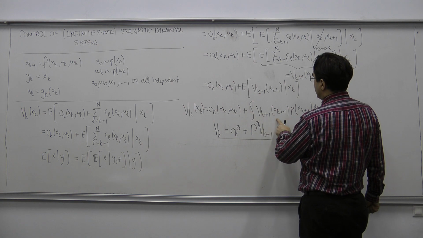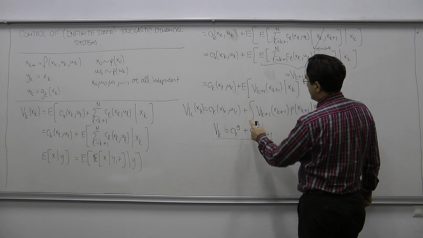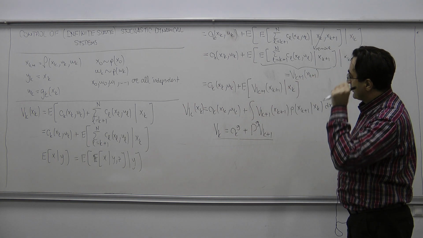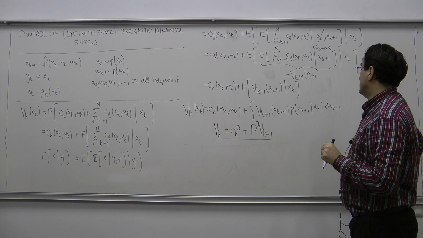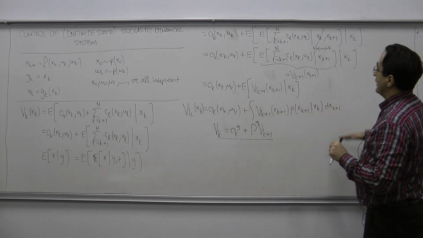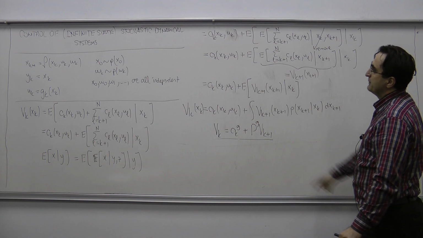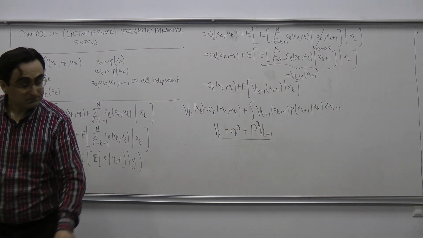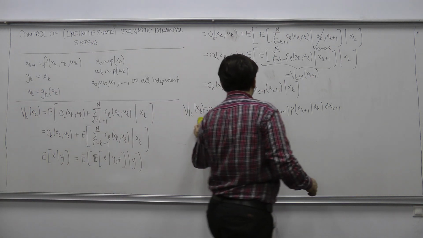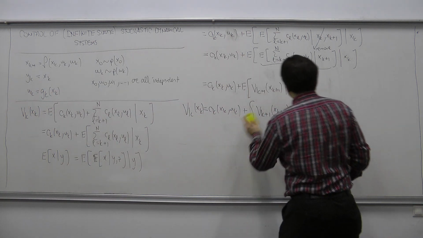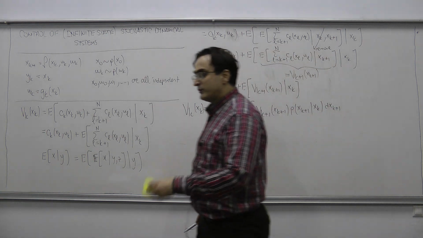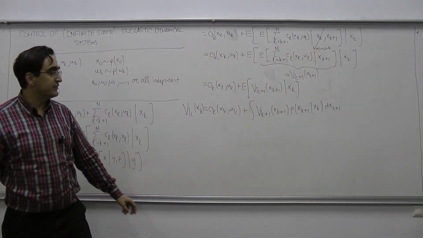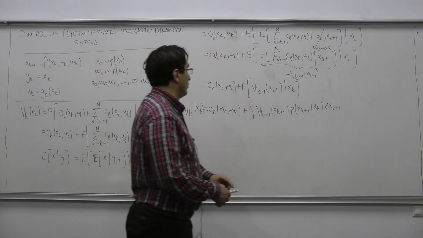And I have this v_{k+1} here, and the integral is represented by the matrix vector multiplication there. So this is the equivalent formula in the case of infinite state systems. But we are not going to use this because we are going to get an even simpler formula.